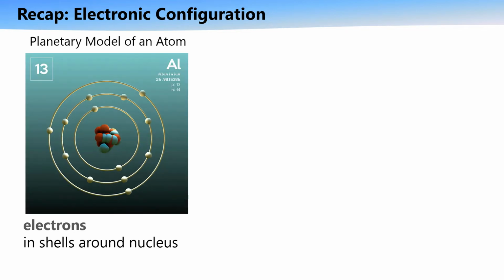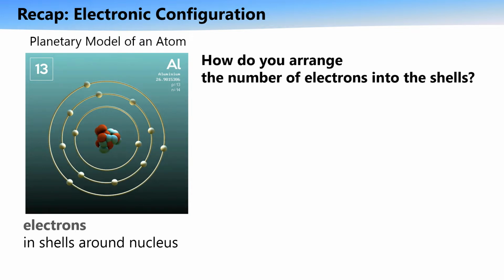Another recap, electronic configuration. Looking at the same planetary model of the aluminium atom again, we can see that the electrons are arranged in shells around the nucleus. Do you remember how you arrange the number of electrons into the shells?